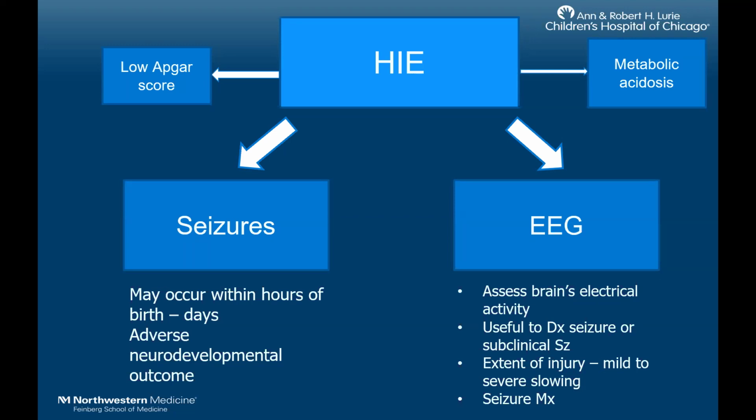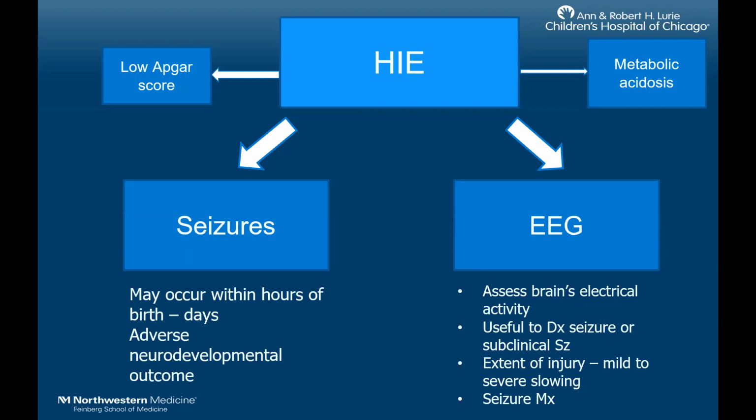Now, the extent of the injury from the seizure and the injury itself can range from mild to severe slowing, and all this will help the seizure management in the present moment. However, EEG is also an important prognostic tool for subsequent brain injury and developmental outcomes in neonates, especially post-cooling.